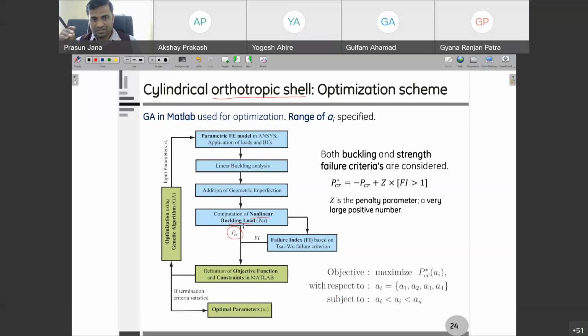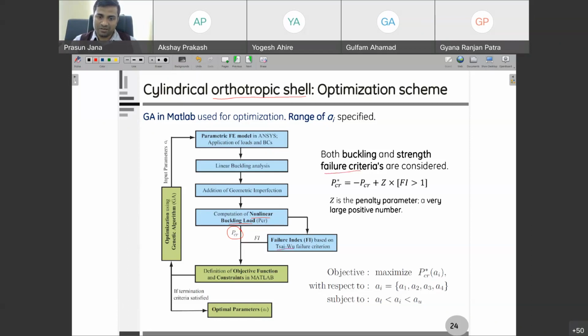imperfections. Okay, so this is done using nonlinear buckling load, because eigenvalue buckling is very ideal, and it may not be close to your actual practical scenario. Okay, so nonlinear buckling is done in this problem using geometric imperfection, and then we have done failure criteria using SAYU failure 3.